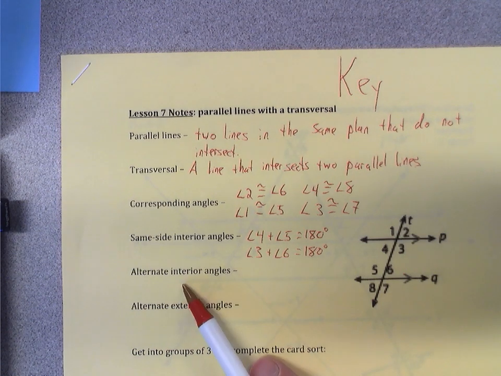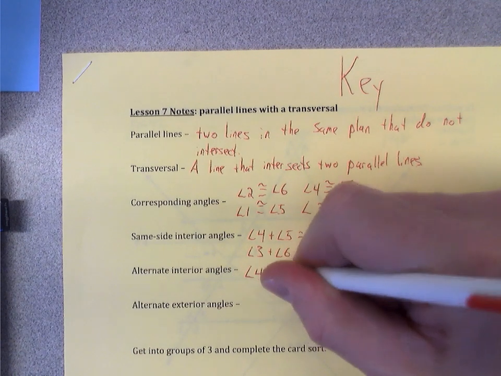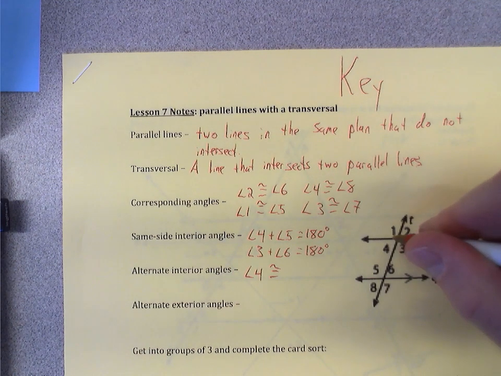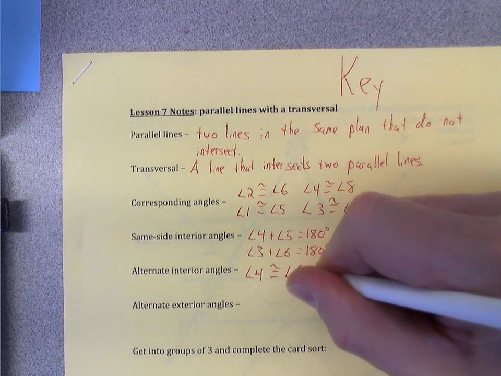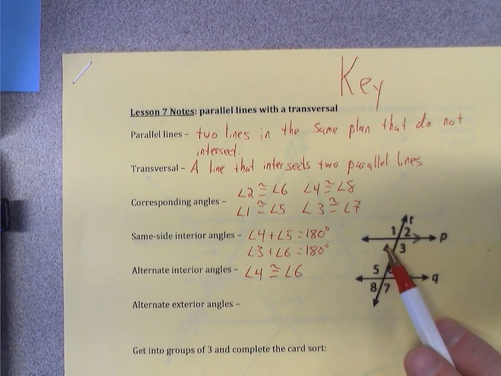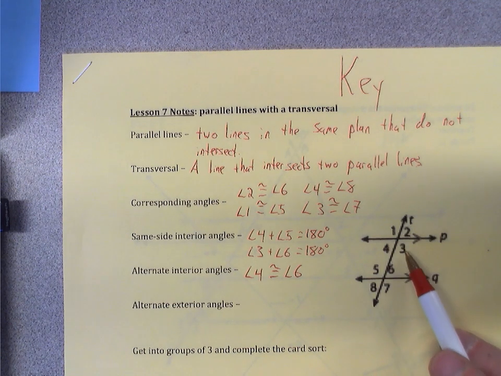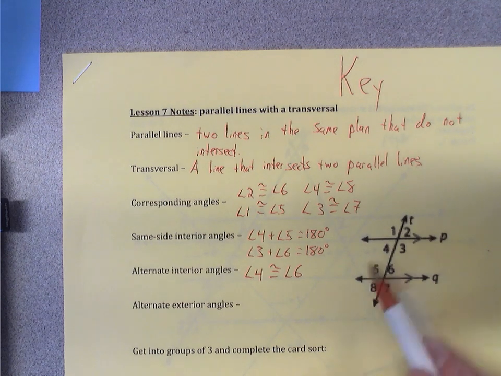Then we have alternate interior angles. What this means is, for example, angle 4 here is identical to angle 6 down here. And we know that because angle 4 and 3 together add up to 180 degrees, and we know that angle 4 from earlier is equal to angle 8, so we can see those corresponding angles.